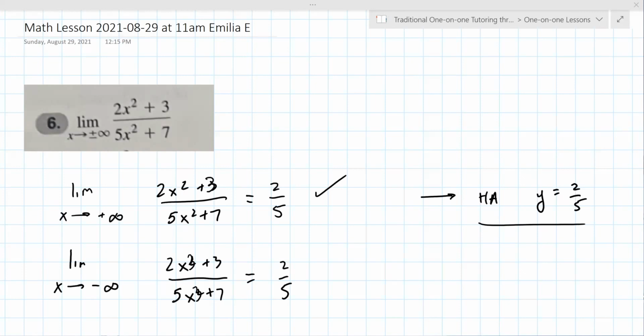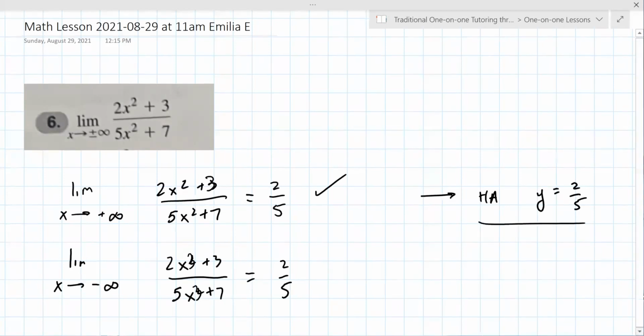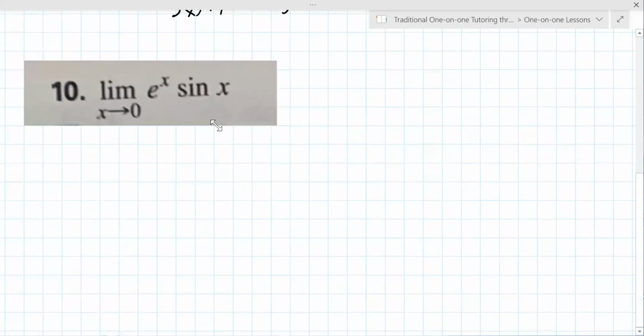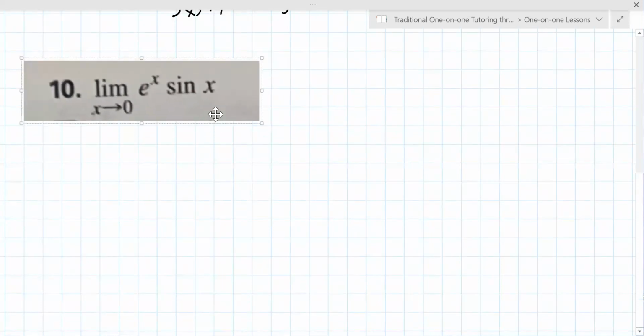All right, so next problem is number 10. I can always do a related problem if needed. It says the limit as x approaches 0, e to the x sine x.